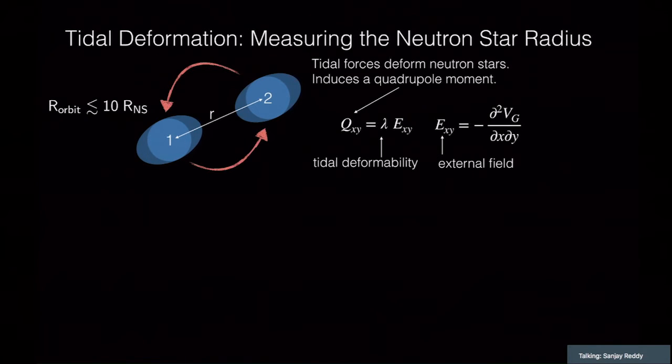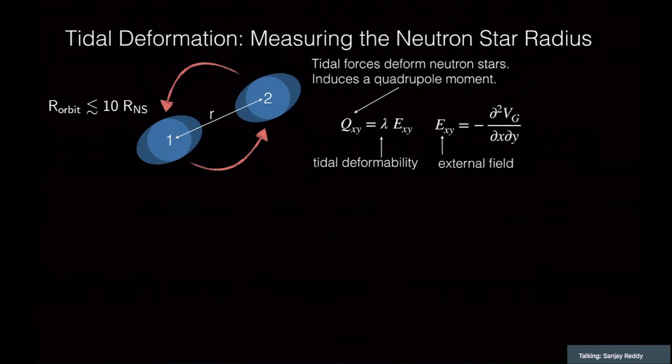The proportionality constant between the amount of quadrupole you produce for a given tidal field is called the tidal deformability of the neutron star. This is something that all of us are familiar with. For example, when we study properties of atoms or nuclei, we think about things like the dipole polarizability: if you apply an electric field, how much of a dipole does it produce in a nucleus or in an atom?